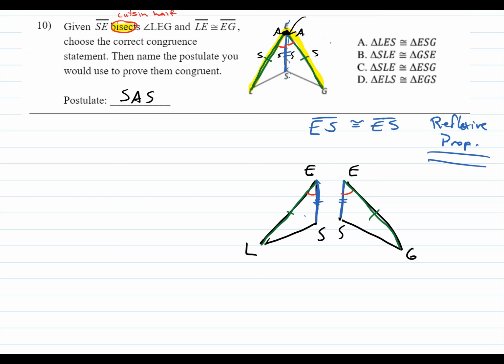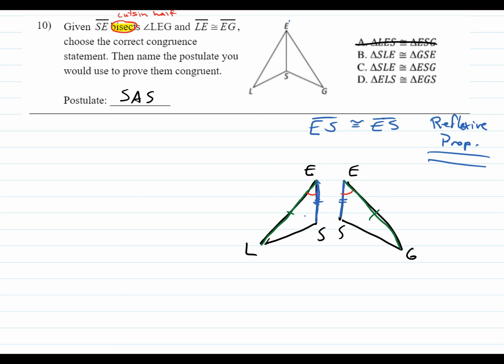Now let's find the congruence statement. Angle LES, I'm going to erase all my marks. Let's see, angle LES and ESG. So LES goes this way, and ESG goes that way. Those are not in the same order, so this is not a correct congruence statement.